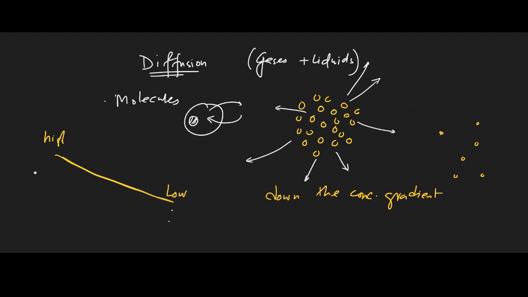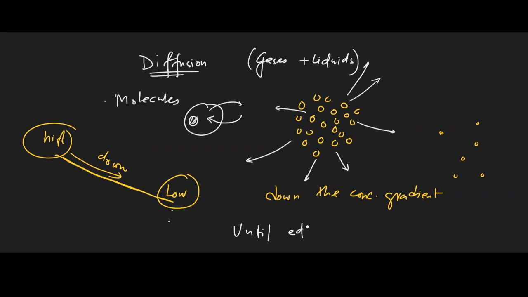It will always go down the concentration gradient until the particles are roughly equally distributed or fairly spread out.